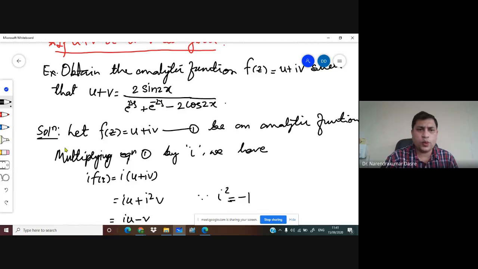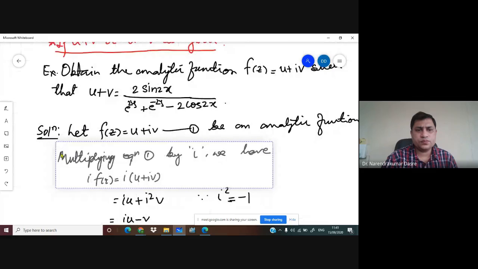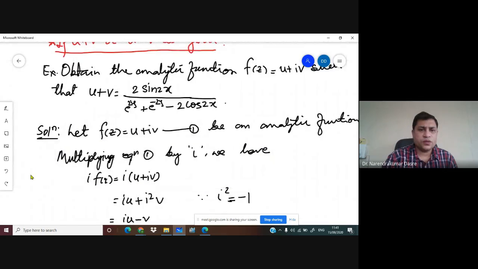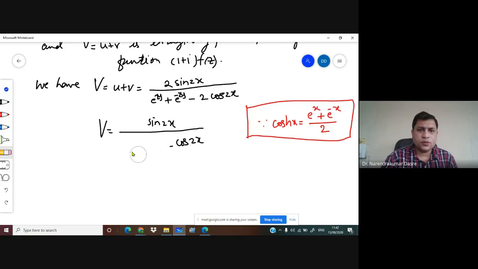This is going to be 2y, so this term is e raised to 2y plus e raised to minus 2y by 2.